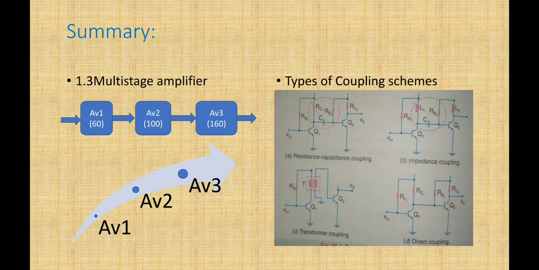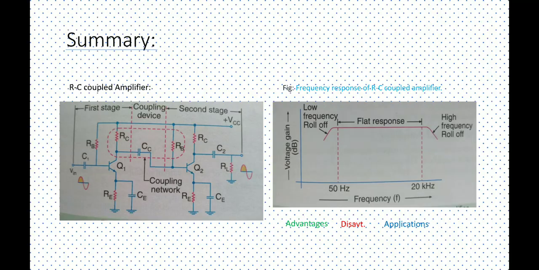So what we learned in this presentation: the multi-stage amplifier and how the overall gain is calculated. Then we saw the coupling schemes, the four types: RC, transformer coupling, impedance coupling, and direct coupling. And in the RC coupled circuit, we obtain the in-phase amplified output at the second stage collector.